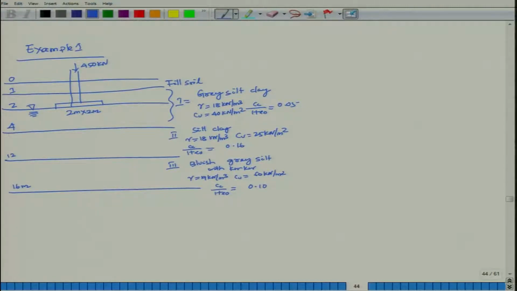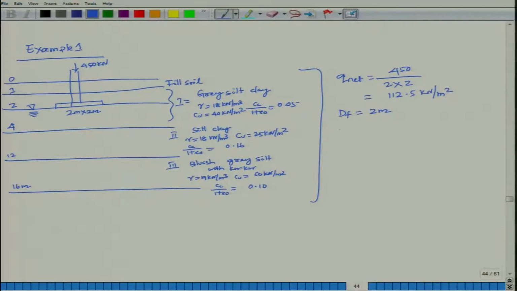So, from here let us find out q net. q net is equal to 450 divided by 2 by 2, which is equal to 112.5 kilonewton per meter square, and the depth of the foundation is equal to 2 meter.